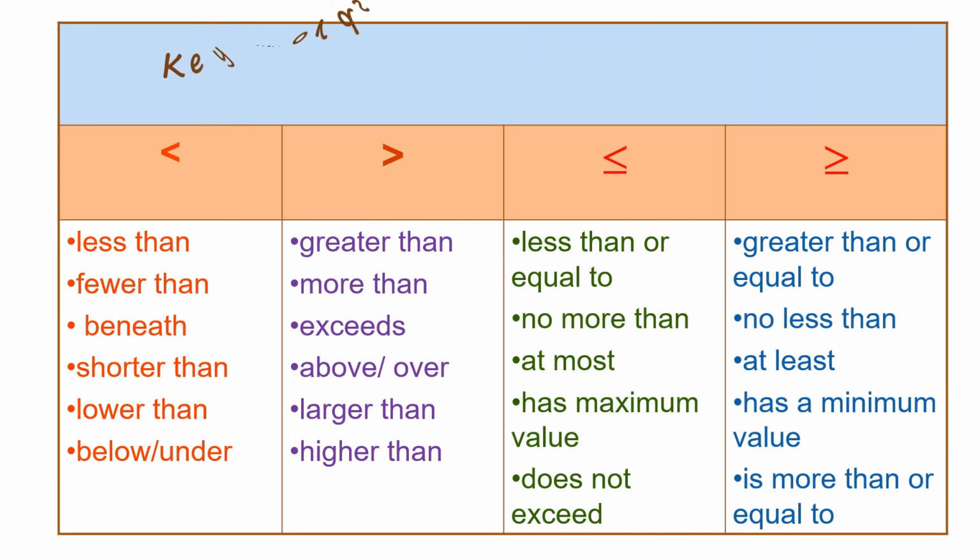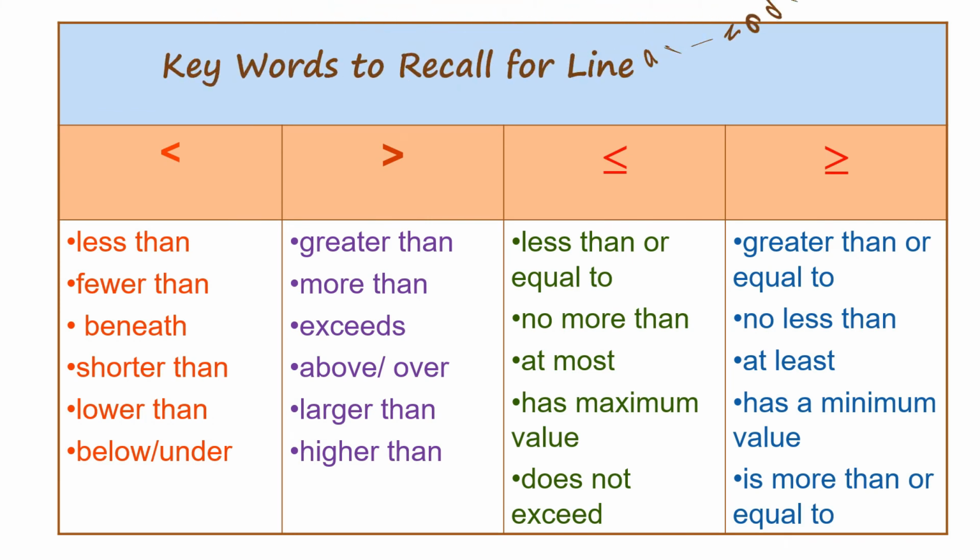Here are some of the keywords that we need to recall when we are dealing with linear inequalities in two variables. So, kailangan po nating tandaan ang mga salitang ito o yung mga keywords na ito upang mapadali ang pag-construct natin ng linear inequalities, most especially when we are solving problems.